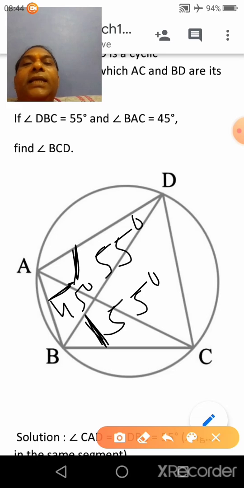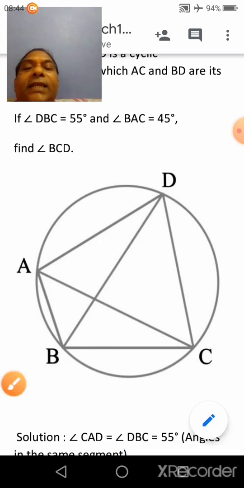So angle DAB; angle BCD we have to find. So angle DAB will be equal to 55 plus 45. Clear? 45 plus 55 will be equal to 100 degrees. So angle BAD is equal to 100 degrees.